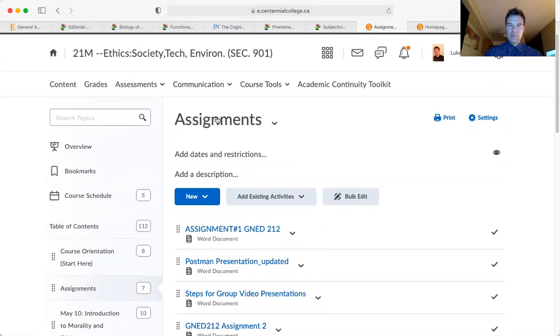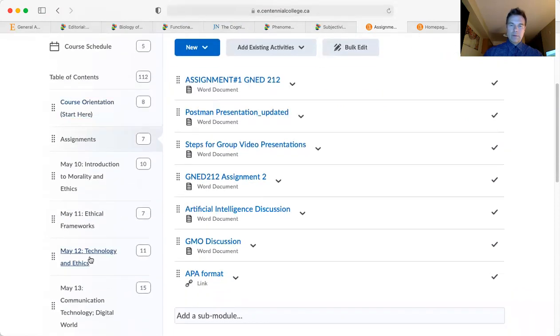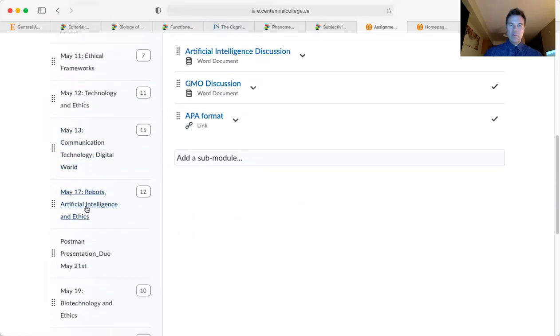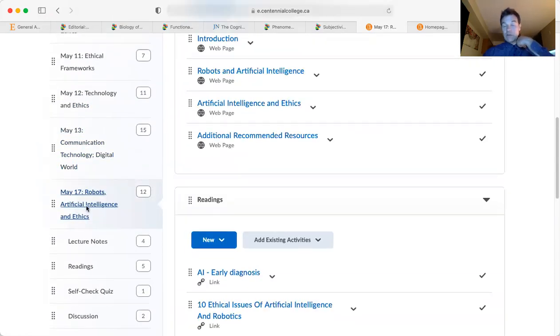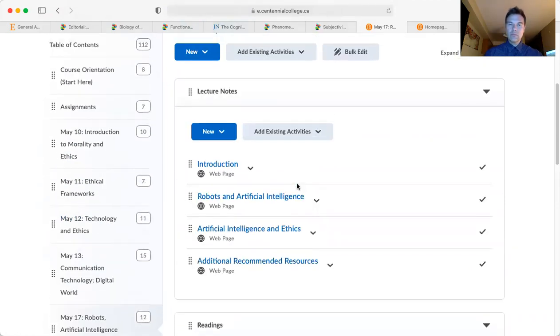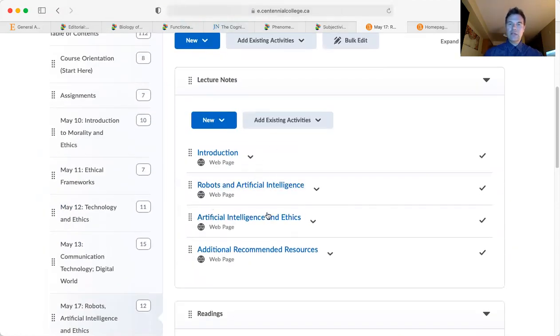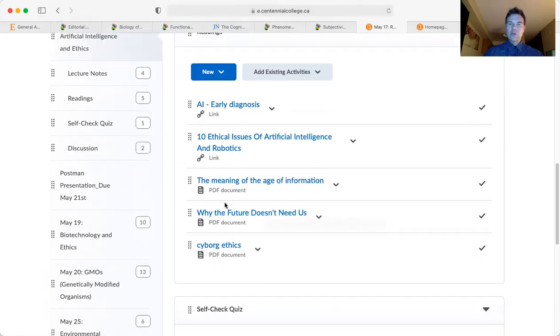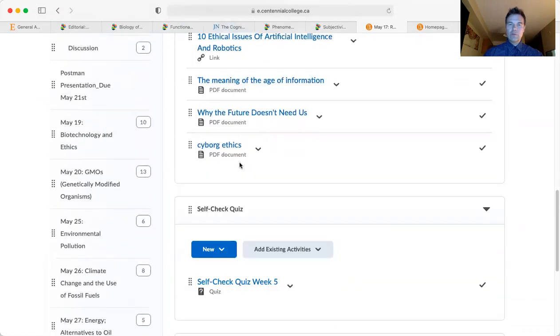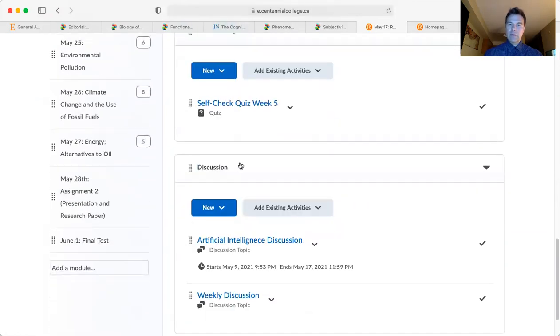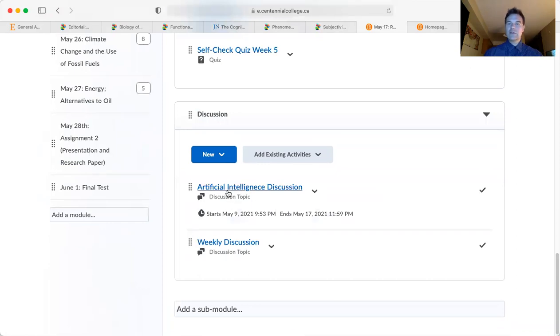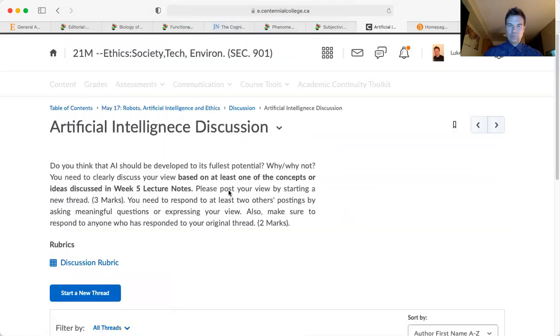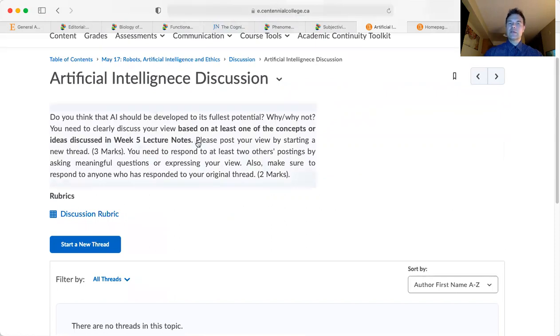So let me give you an example. The artificial intelligence discussion will come up when you talk about robotics and artificial intelligence. So again, here you have an introduction and lesson on specific items, additional documents for you to go over, links, videos, and reading material. And then you have the artificial intelligence discussion. So here you have specific instructions.